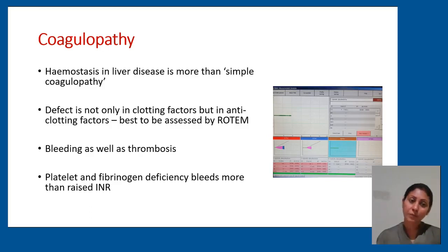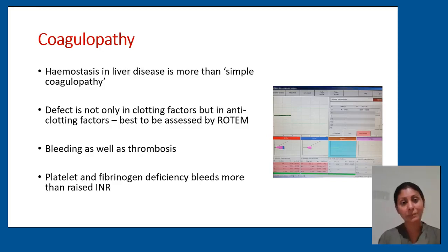At the same time, one more important point to highlight: we often think it is the INR or prothrombin time, the prolongation of the INR, which would cause bleeding. Actually not. There have been children with INR of 8, 10 sometimes who haven't bled. That doesn't mean you don't have to correct it when INR is 8, but sometimes we can accommodate an INR of 4, 5, up to 5, provided their fibrinogen as well as platelets are corrected.